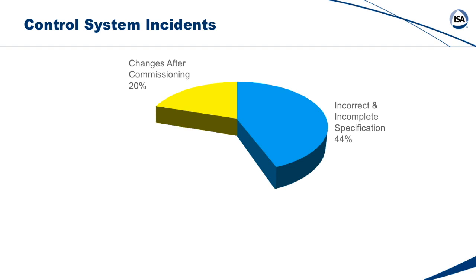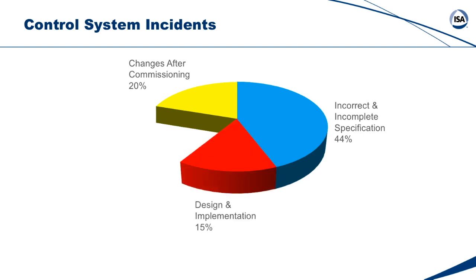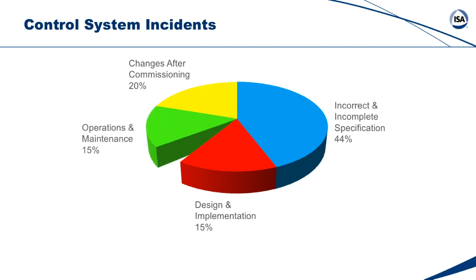Next largest percent were design and implementation problems, where the specification was correct, but the system was not built properly and was not thoroughly tested to find that problem. Then operations and maintenance, where I know examples where they went to replace a sensor, they closed the isolation valve, replaced the sensor, and walked away, forgetting to open the isolation valve.